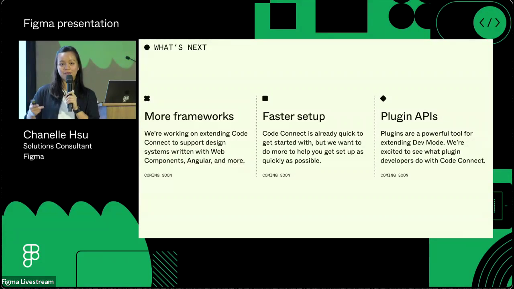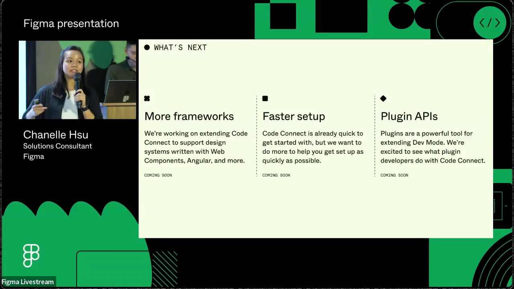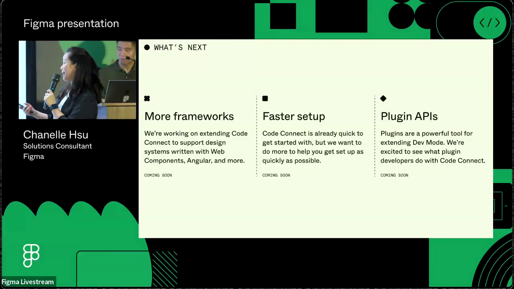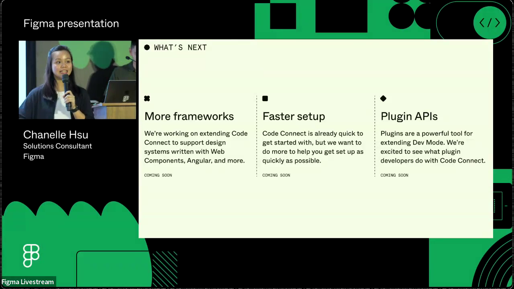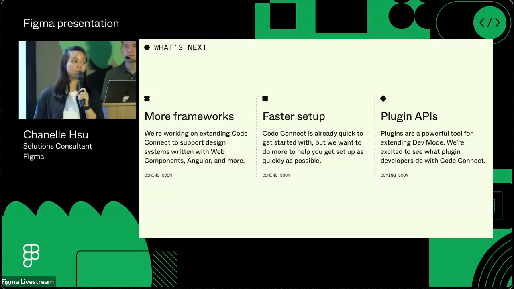Next, at Figma, we are trying to make your lives as smooth as possible. So how can we enhance the setup process and make it faster and smoother as we scale? Lastly, we are going to develop and enhance our plugin APIs. So we are looking forward to the kind of plugins that the team develops going forward.